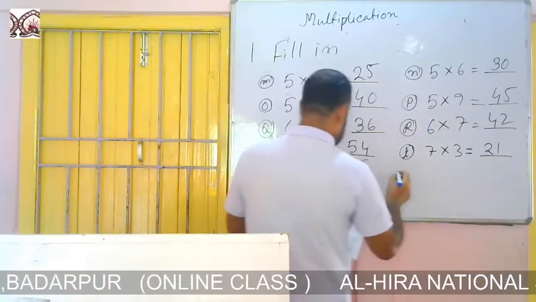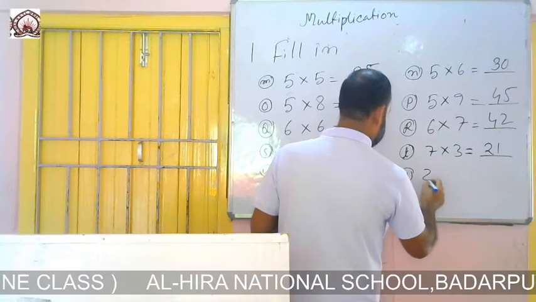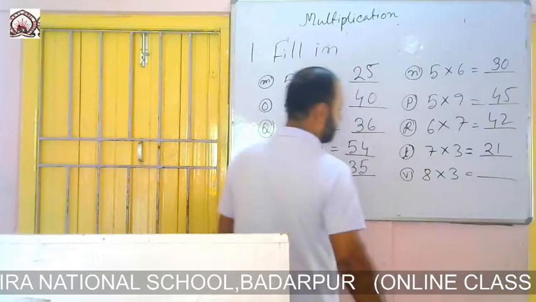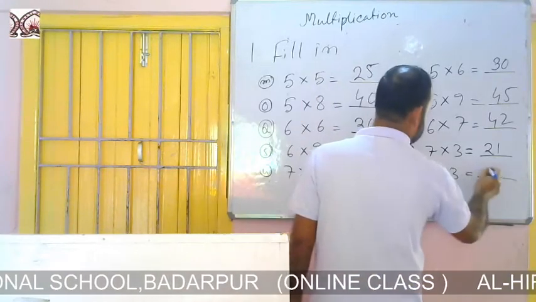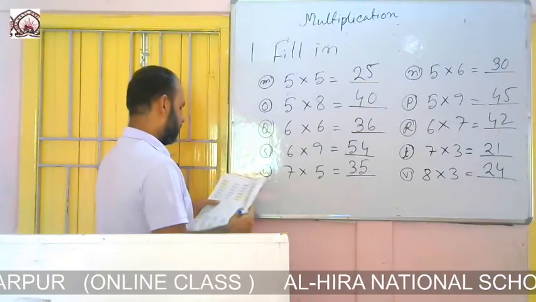Next, 8 3s are. 8 1s are 8, 8 2s are 16, 8 3s are 24.